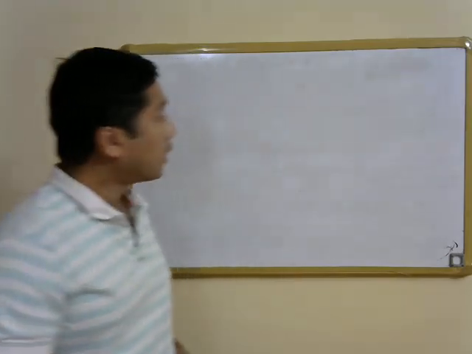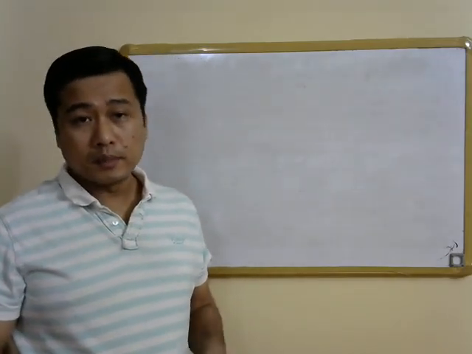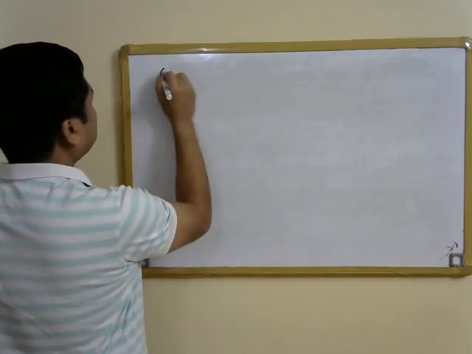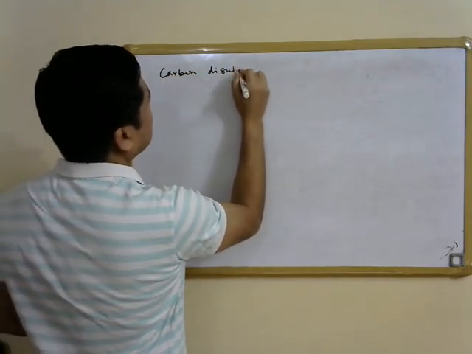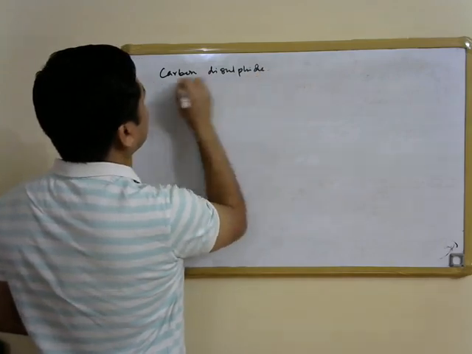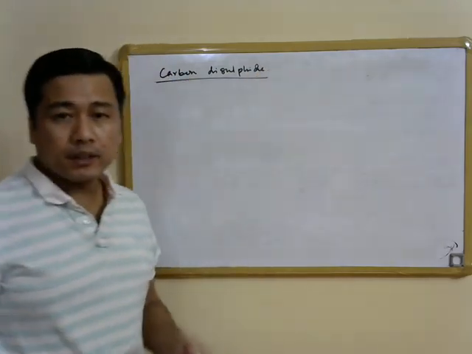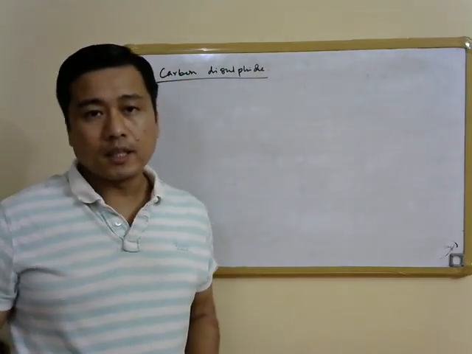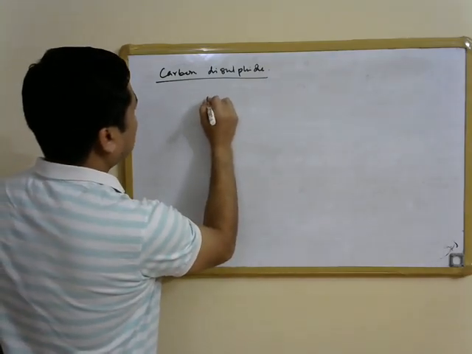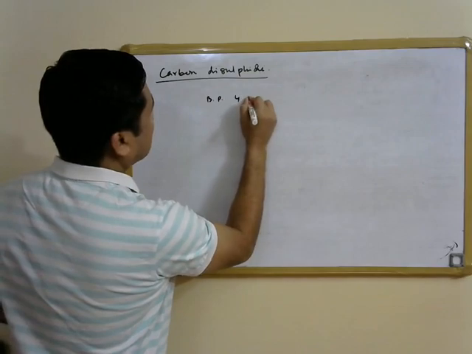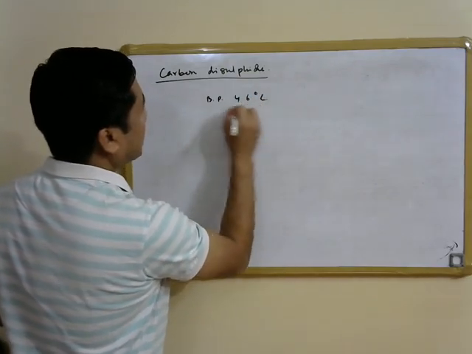So let us now go and discuss carbon disulphide, because it is an important industrial chemical. Carbon disulphide as such is a liquid with a boiling point of 46 degrees Celsius.